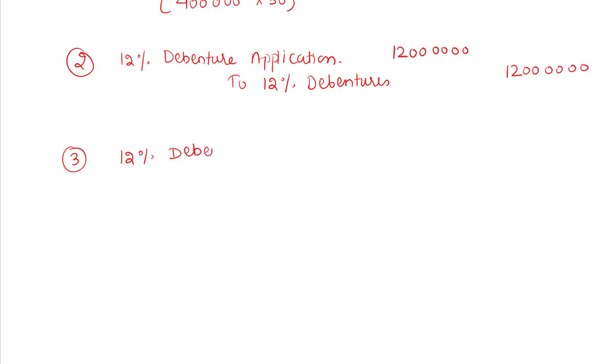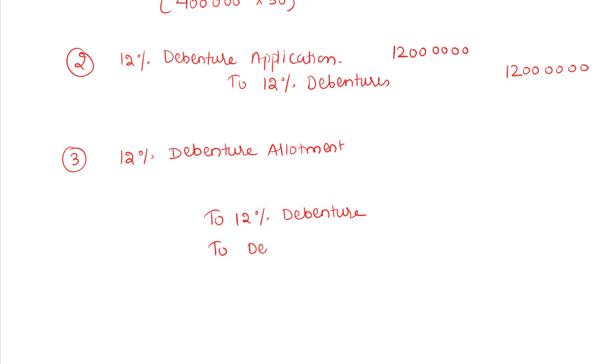12% debenture allotment to 12% debentures. A premium of rupee 10 per debenture needs to be given.